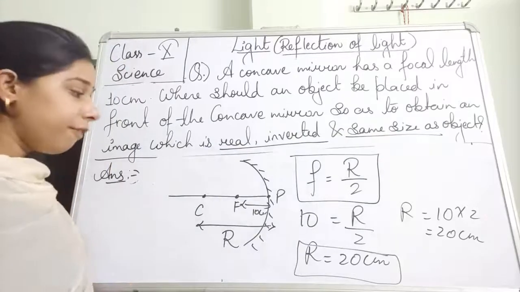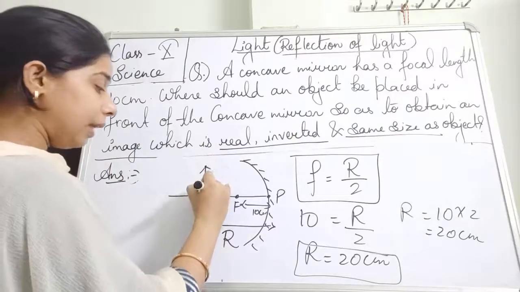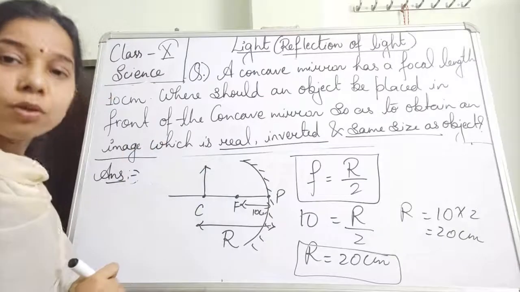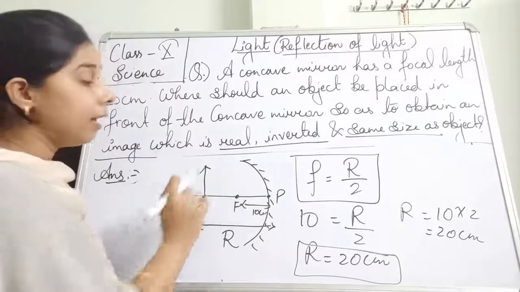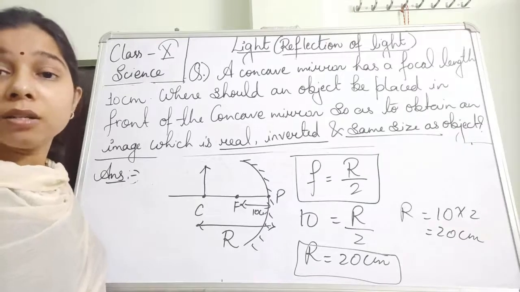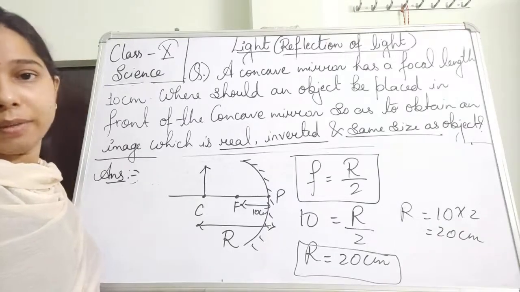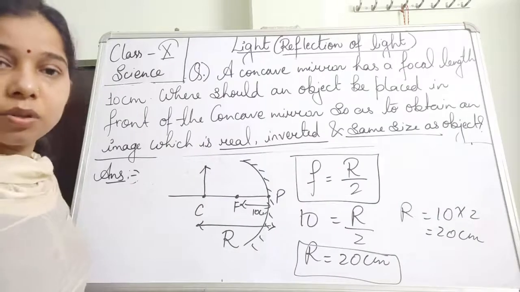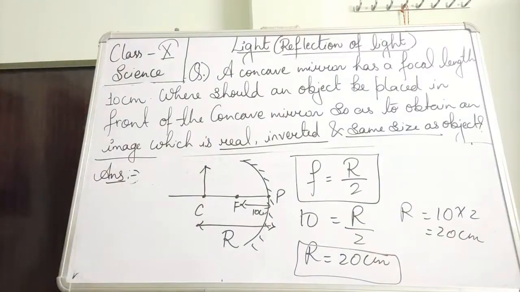So if we keep the object 20 centimeter from the pole, that is at C, then we will get a real and inverted image of the same size as the object. Okay, so this is one question.